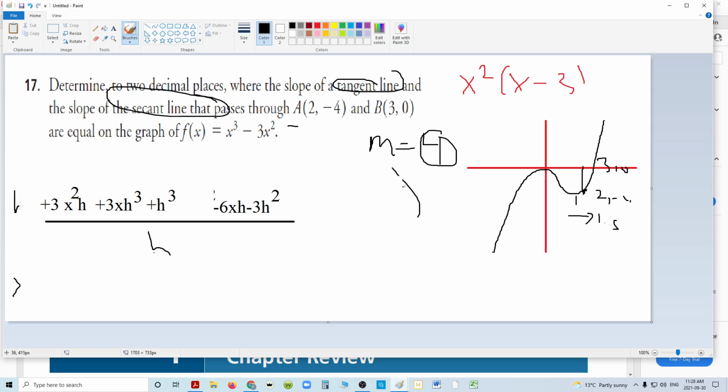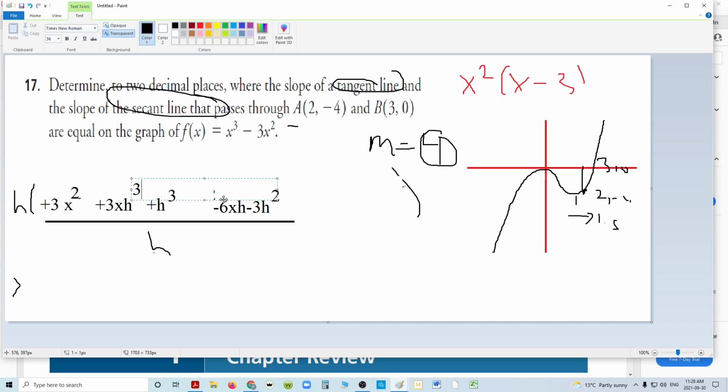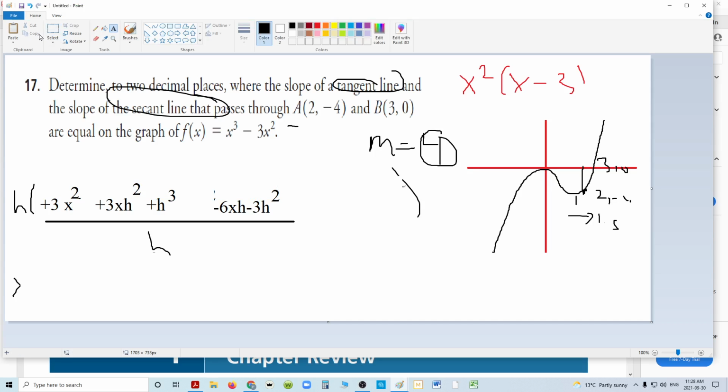If I factor an h out of the top, I'm left with 3x squared, 3xh squared, x squared, minus 6x, because that h disappears, minus 3h. And now I can cancel out this h.